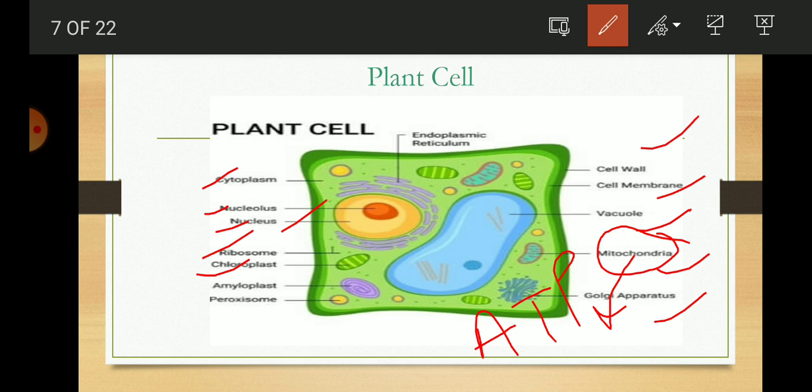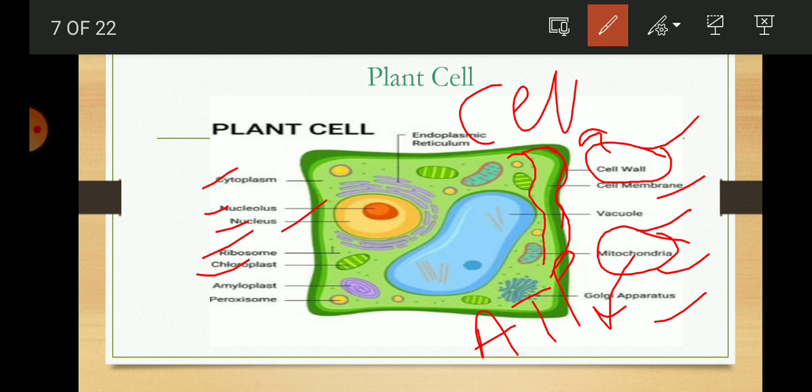Students, the cell membrane is the innermost layer of the plant cell, whereas the cell wall is the outer layer of the plant cell. So don't be confused between the cell membrane and the cell wall. The cell membrane is present innermost, whereas the cell wall is present on the outer surface of the cell. And about the cell wall, this is what we have to talk about, because this cell wall is made up of cellulose.